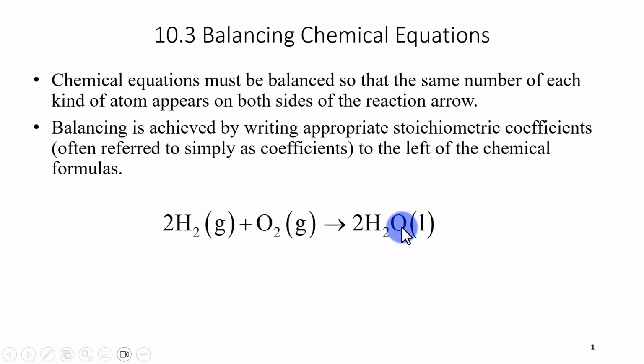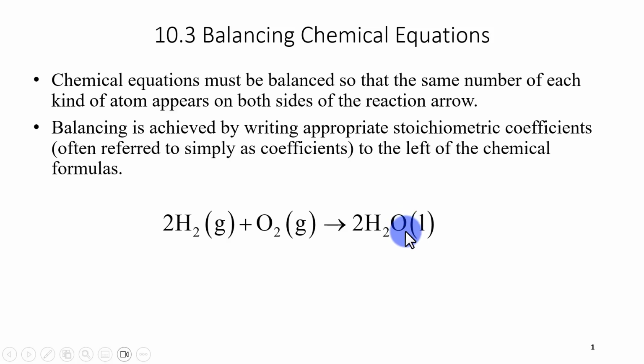What about over here? Well, oxygen, this is liquid, so don't confuse it. G stands for gas, L stands for liquid. Oxygen does not have a subscript here in the formula. That means that it's a 1. We don't write the 1, it's implied.